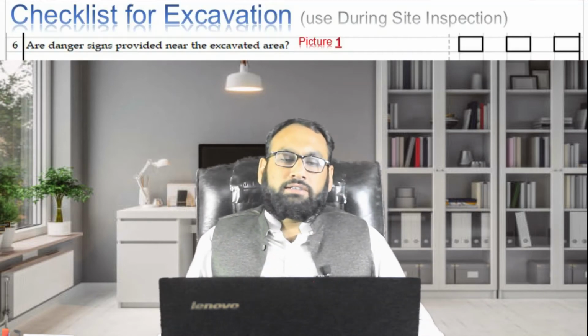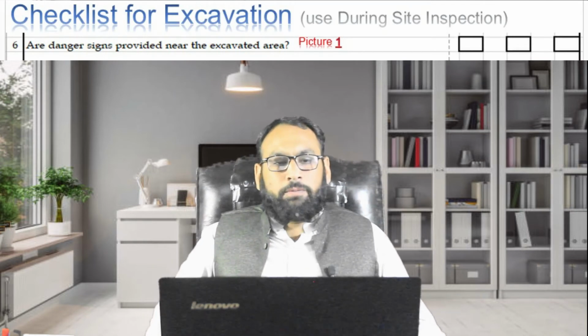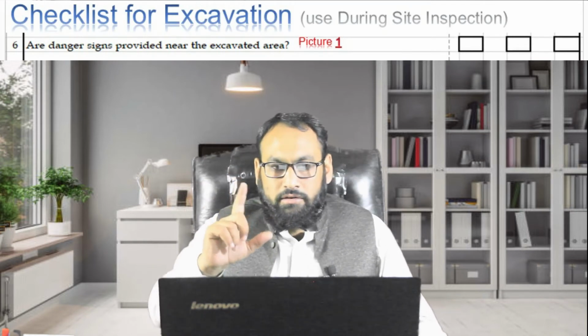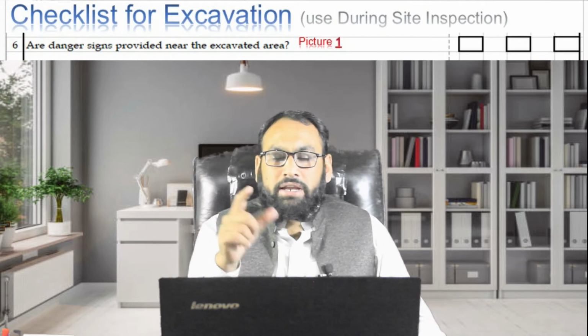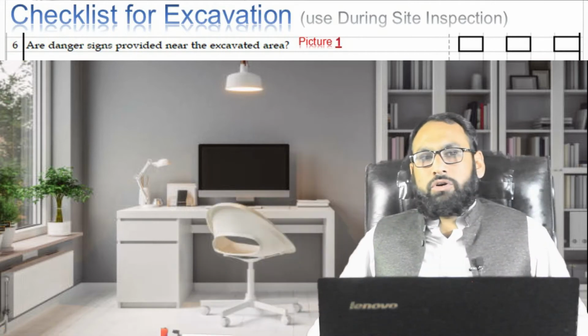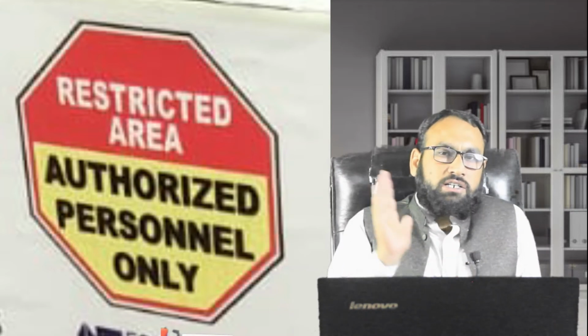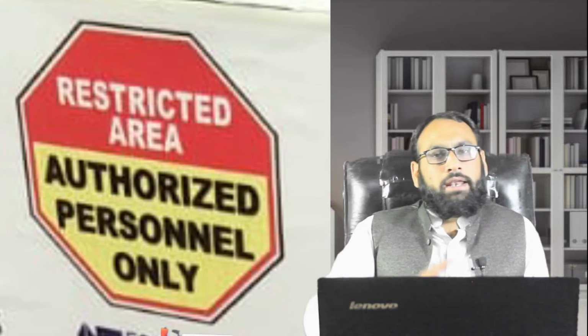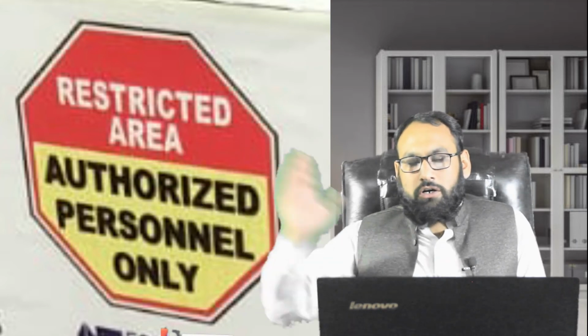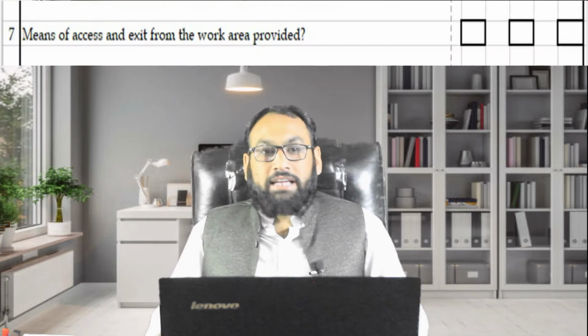The sixth point is also very important: is a danger sign provided near the excavated area? Install a signboard that the site is under construction and no unauthorized person is allowed to enter the site. The seventh point is means of access and exit.